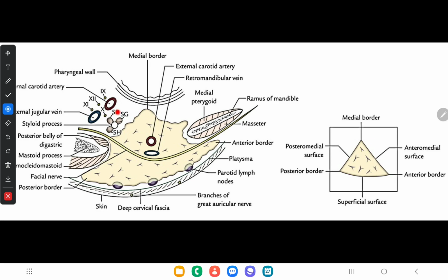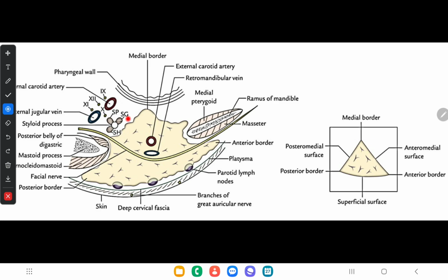Then the internal carotid artery. This one is the internal carotid artery and internal jugular vein are separated from the parotid gland by the styloid apparatus. You can see this is the styloid process and the muscles attached to it. So it separates this internal carotid artery and internal jugular vein from the parotid gland.